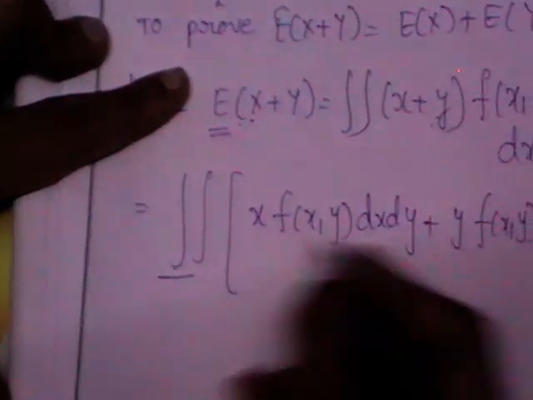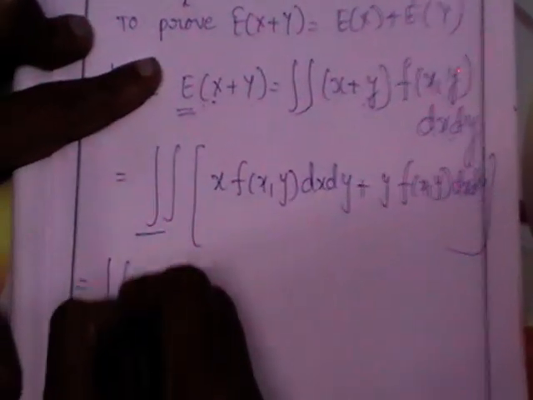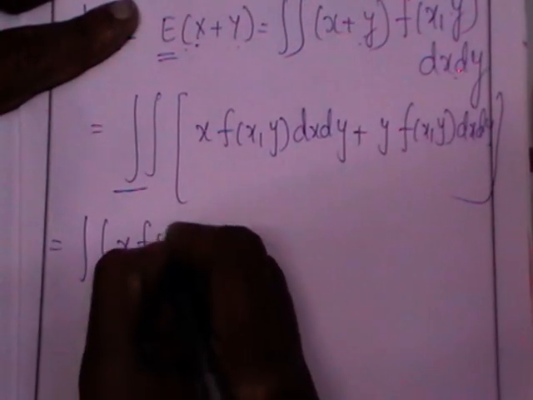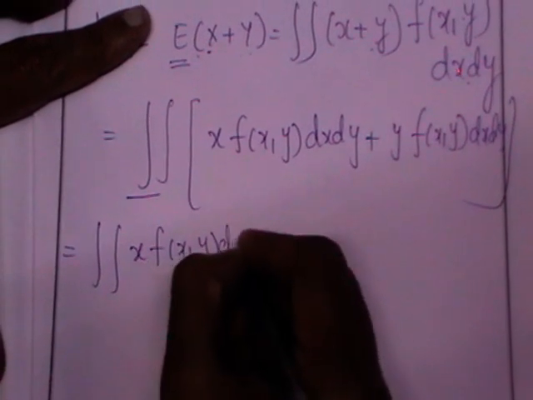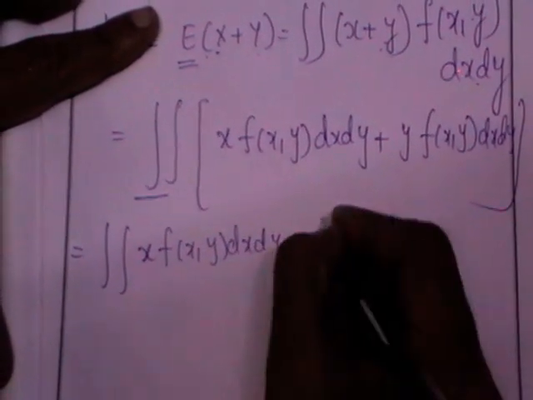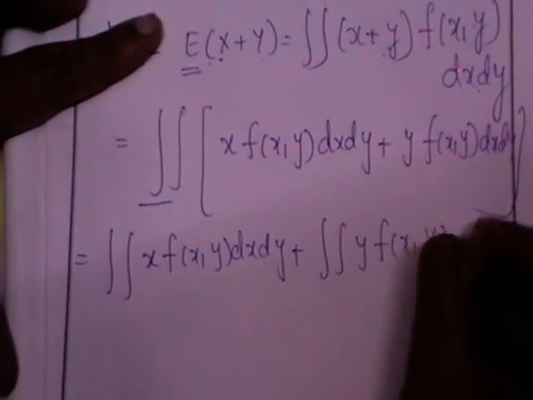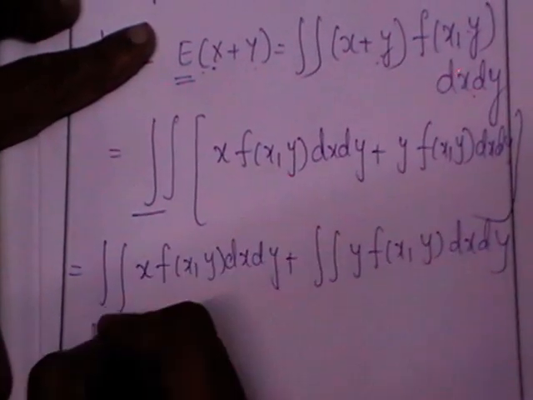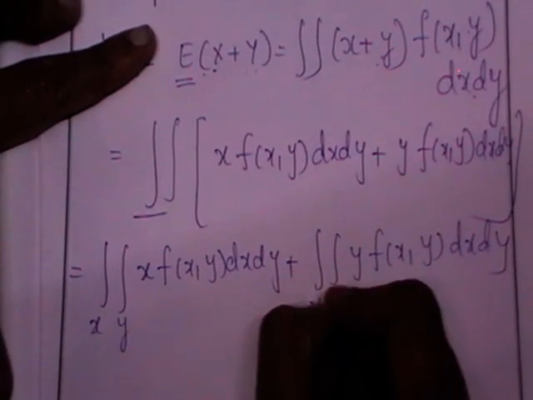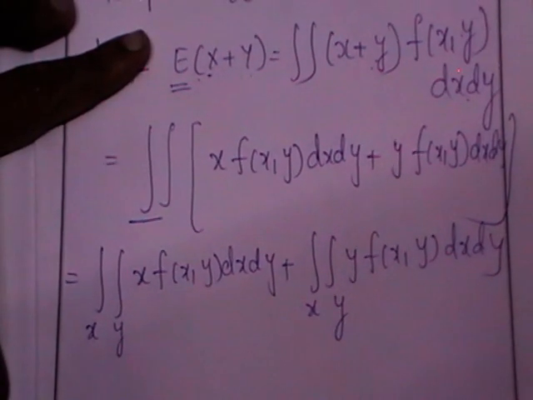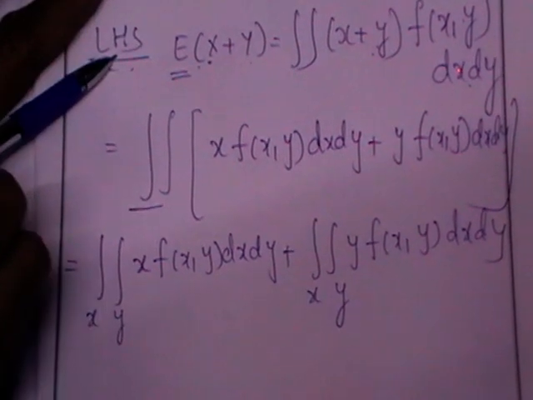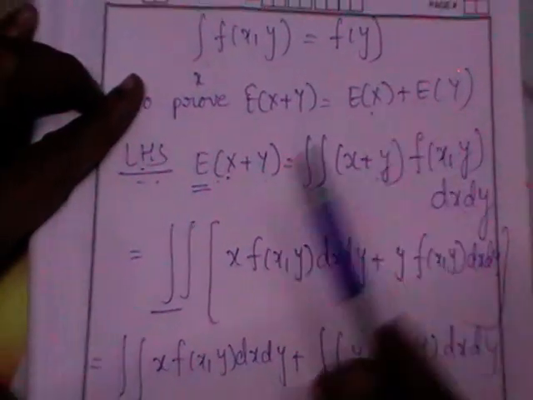Let us take these integrals for both the terms. The double integral of x f of xy is the first term, now one integral with respect to x, one with respect to y. So we have considered the LHS to get the expectation of x.